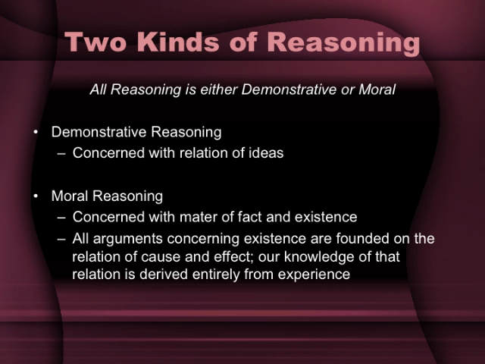Demonstrative reasoning has conclusions which, when negated, result in contradictions, just like the relations of ideas. Because it cannot be deductively valid or demonstratively reasoned if the premises are not conjoined with this inseparable bond towards the conclusion.